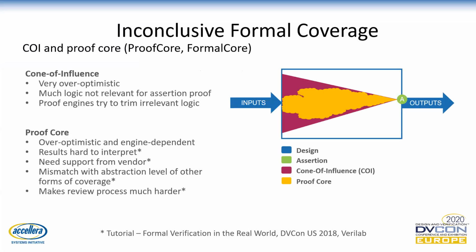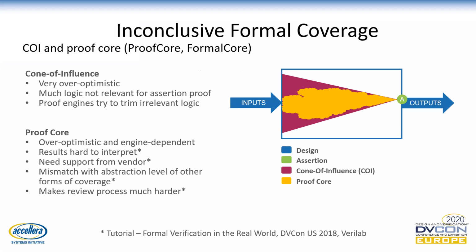So what are the problems with the current formal coverage solutions that exist? These are more inconclusive. So let's list a couple of them. We know about the cone of influence, we know about the proof core, so let's take it one by one and see what they are bringing into the picture.